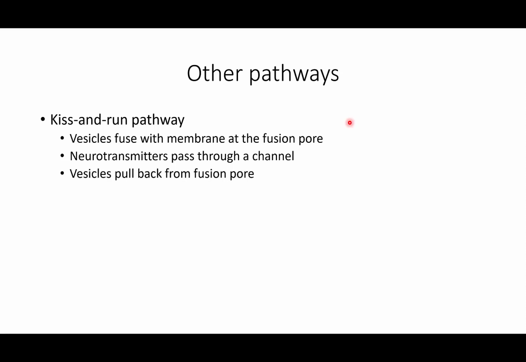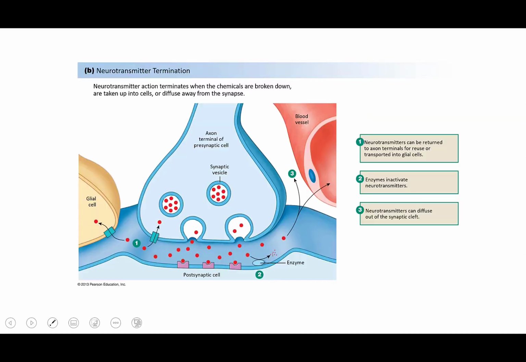Neurotransmitters can pass through that channel, but the vesicle can then actually pull back from the fusion pore and remain intact. The advantage of this is that the cell doesn't have to continually make new synaptic vesicles. Okay, we call that the kiss and run pathway.